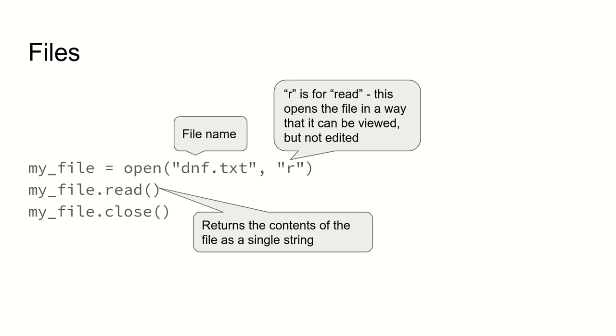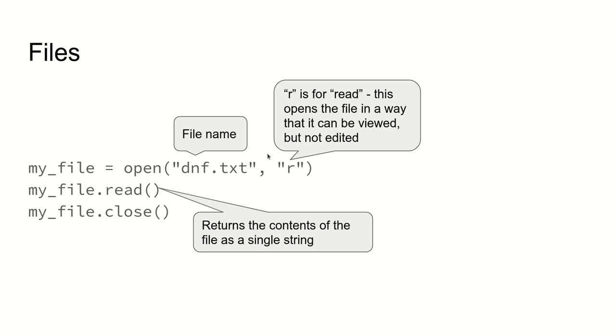So here is about the simplest example that you can get of using a file in Python. We open a file named dnf.txt, it's not the full word text, and we can specify how we want to open it. There are defaults for this, but it's probably smartest to say specifically, are you opening it for reading?